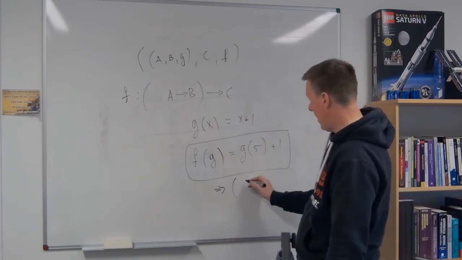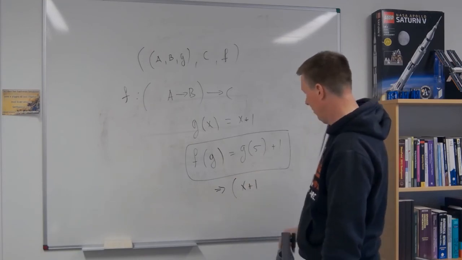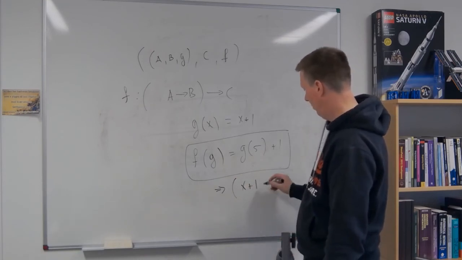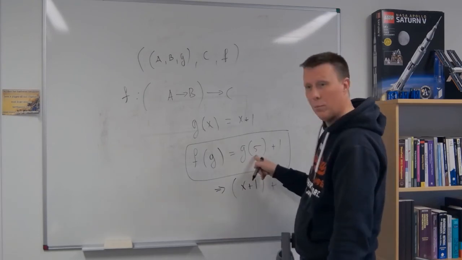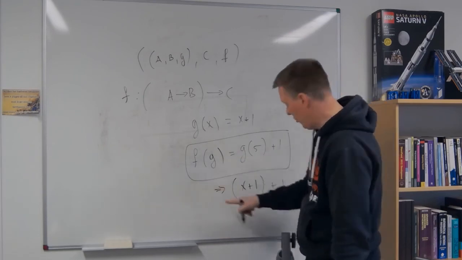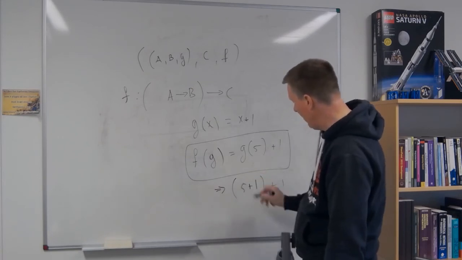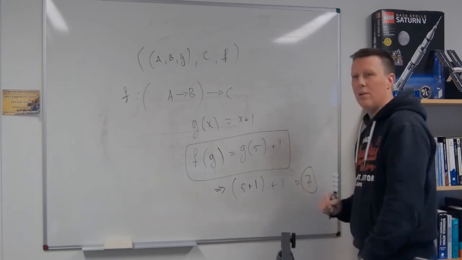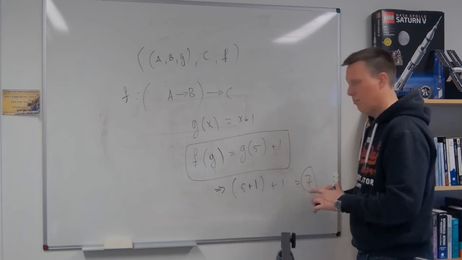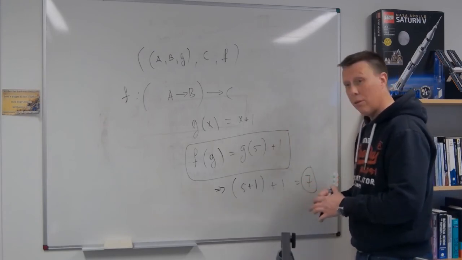And then g is x plus 1 plus 1. And now I know that, oh, I called it with 5 inside my f definition. So I can replace that with 5. And we get 5 plus 1 plus 1. And that should give us 7. Hooray!